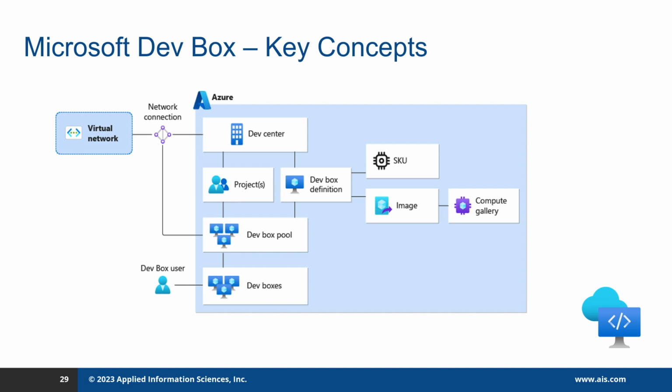Additionally, you set up your project, which then enables you to configure your pool of dev boxes, and then those pools can then be self-provisioned by the individual developers on demand.